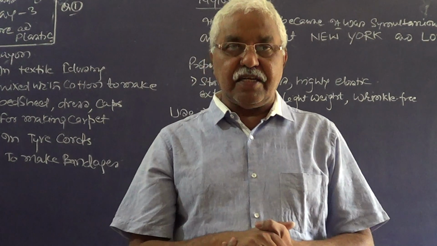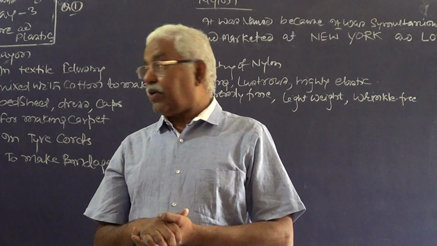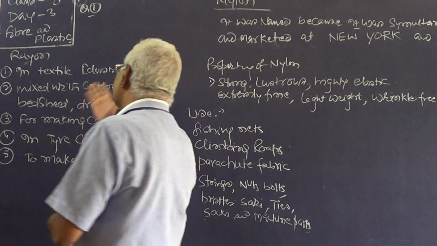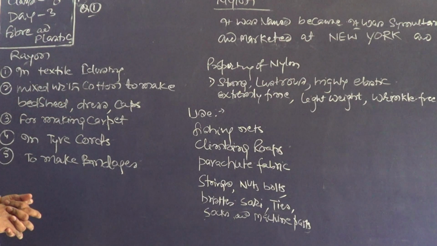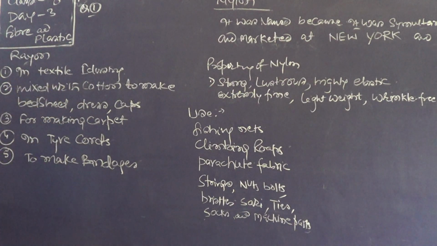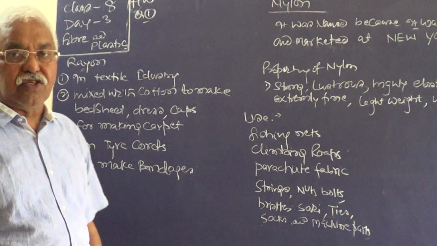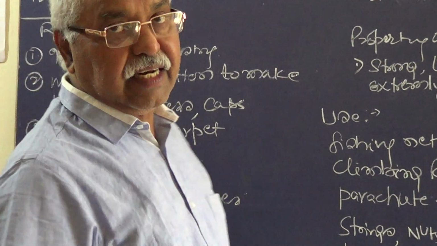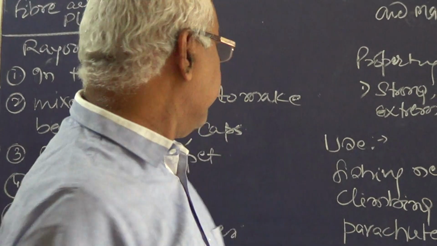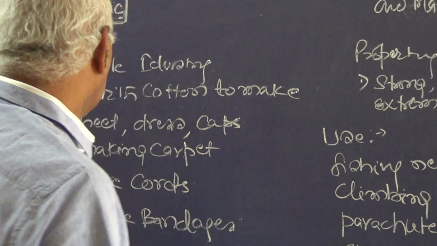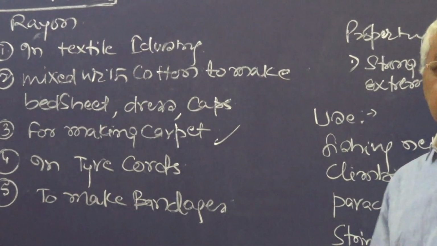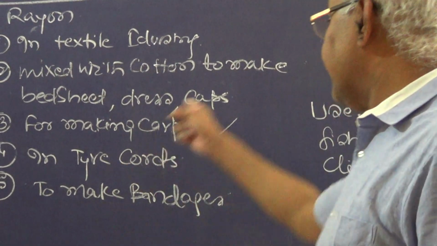Now let's come to the uses of rayon. Rayon is used in the textile industries. It is mixed with cotton fiber. Rayon is also mixed with cotton fibers in bedsheets, dress materials and carpets, caps. It is used to make carpets.